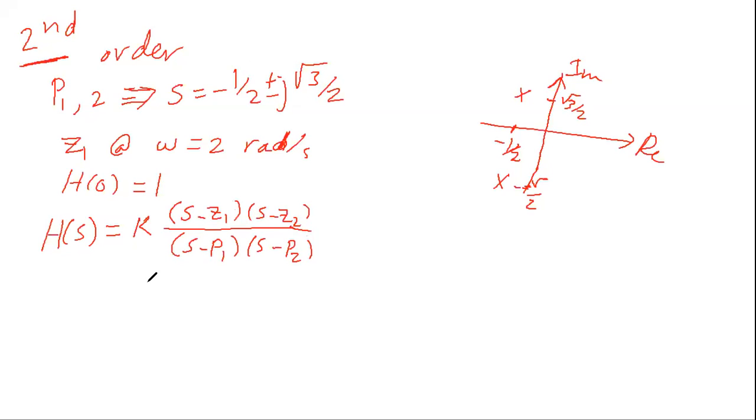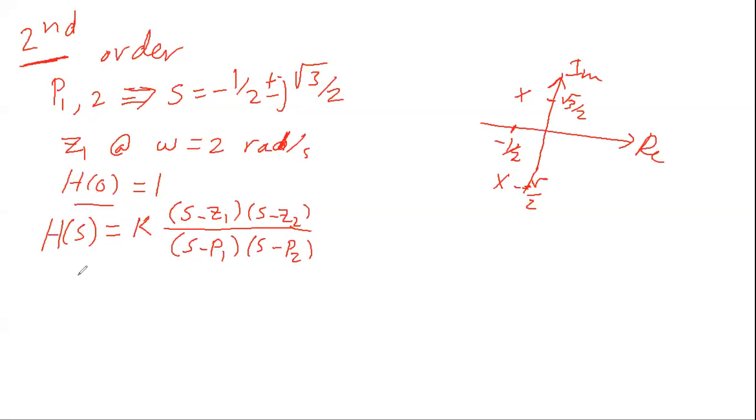We know that we have a zero at omega equals 2 and unity gain at omega equals 0, or H of 0 is 1. Now we need to find Z1 and Z2 because we know P1 and P2.